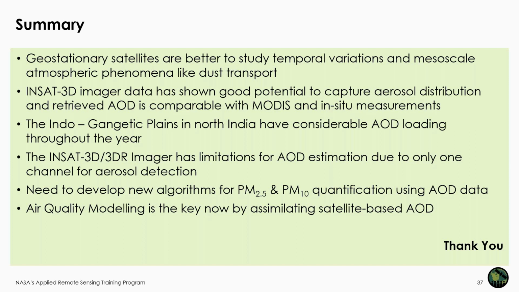Using this type of aerosol observations, people are also trying to correlate the column AOD with the surface PM2.5 and PM10 mass concentrations, and they also use a lot of meteorological observations along with this.